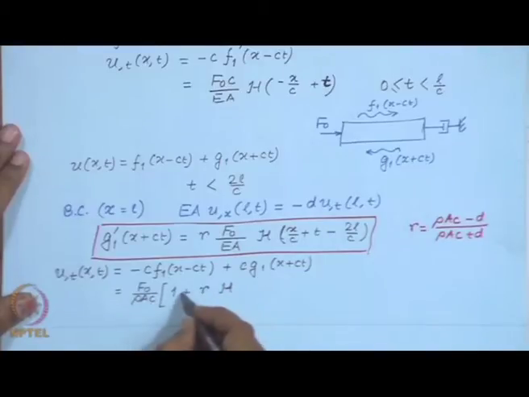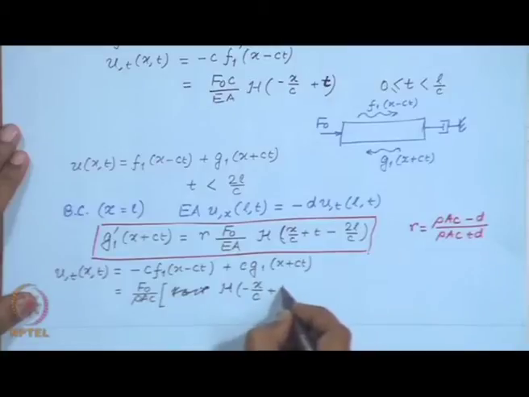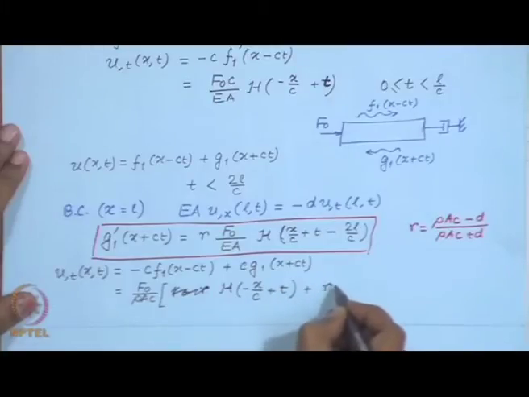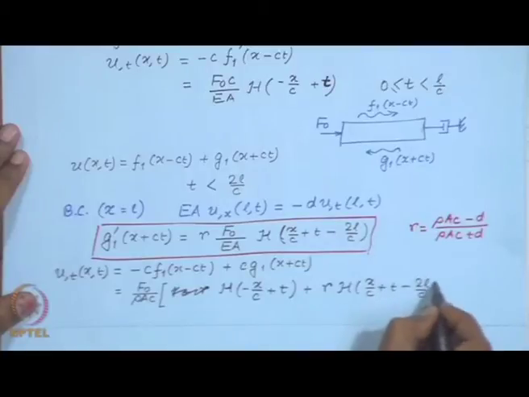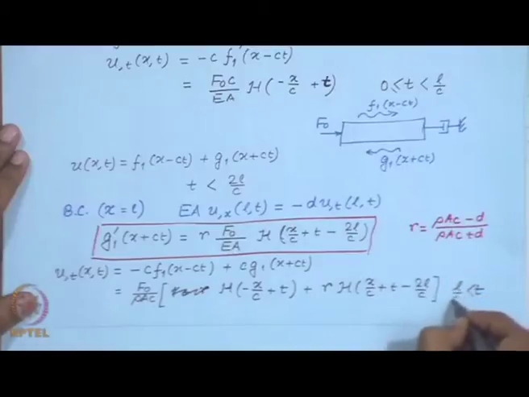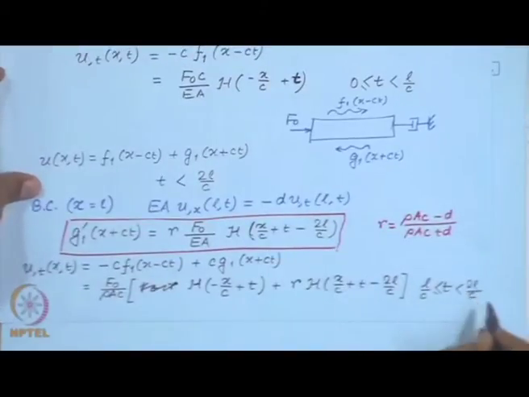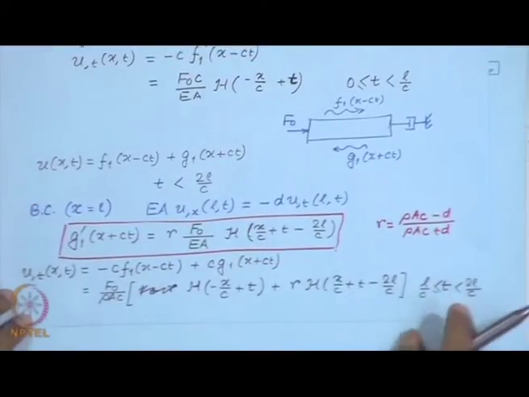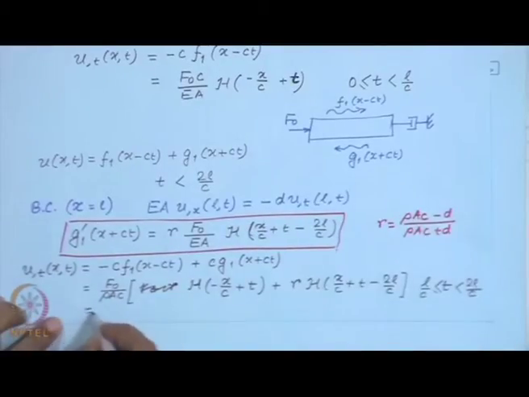So, let me first write down, now this time is from L over C to 2L over C. Now, for this time interval you will find that this is always 1.